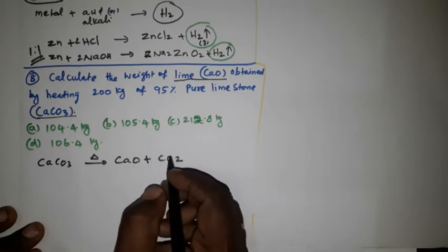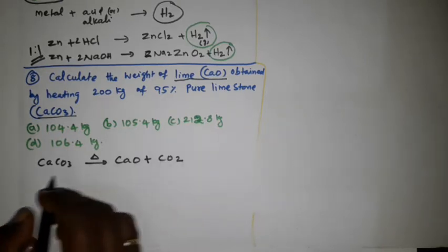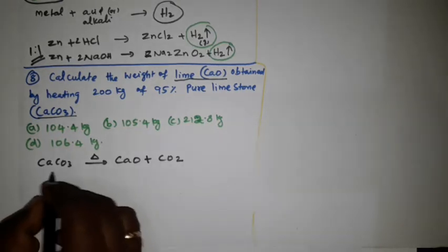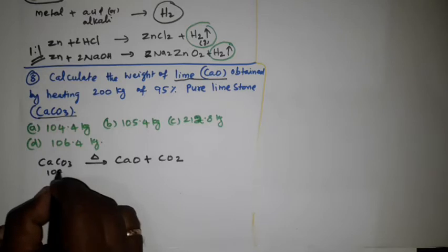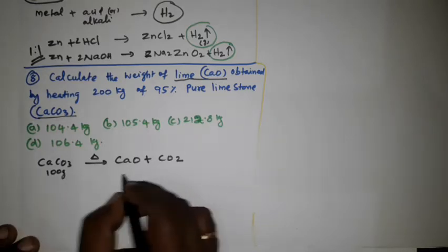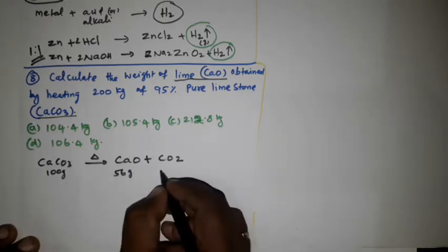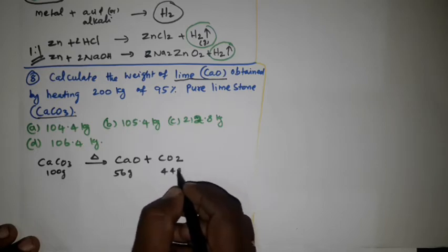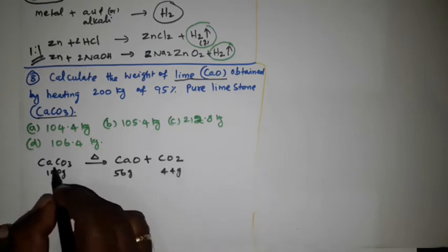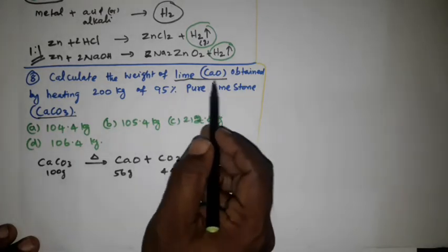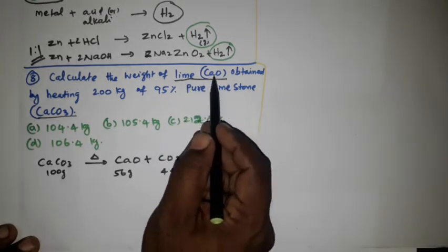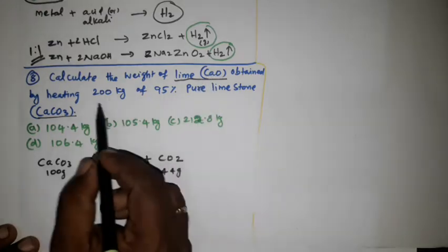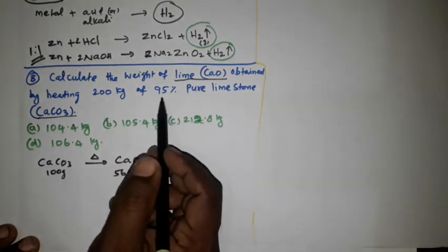Check whether the equation is balanced or not. Now the equation is balanced. The molar mass of calcium carbonate is 100 gram, this is 56 gram and this is 44 gram. You are going to calculate the weight of lime from 200 kilogram of 95%.